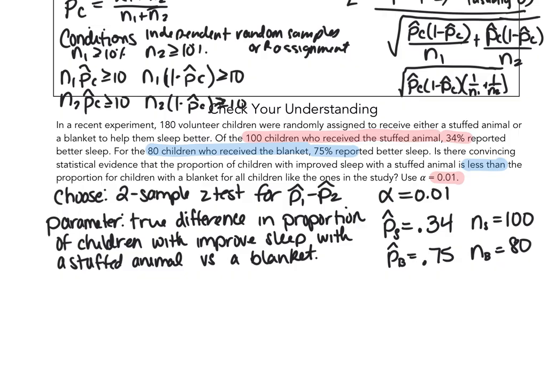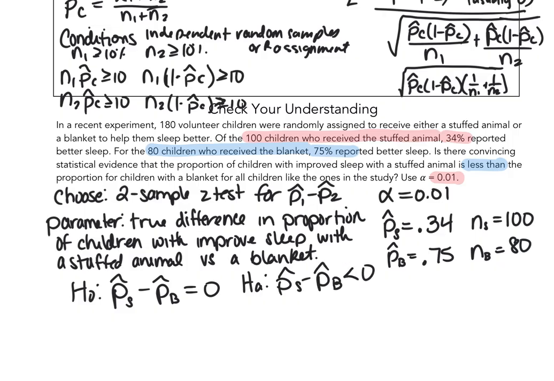So let's write our hypotheses. Our null hypothesis is that p hat S minus p hat B is equal to 0, that they are the same. And our alternative is p hat S minus p hat B is less than 0, because our question says less than: is stuffed animal less than the blanket.